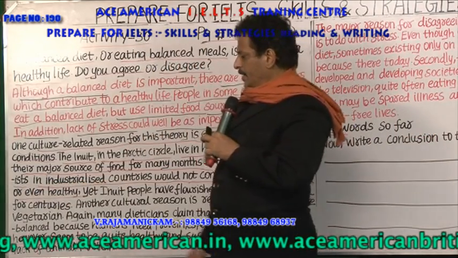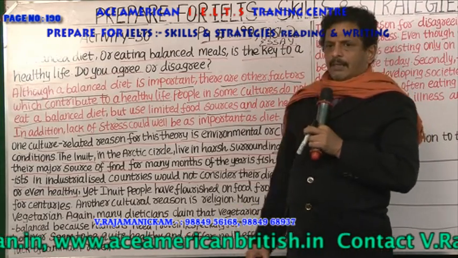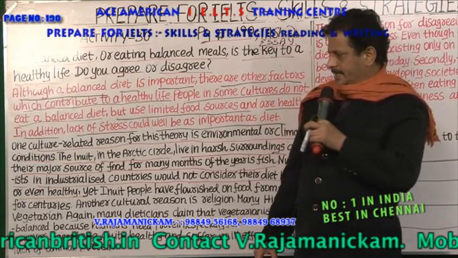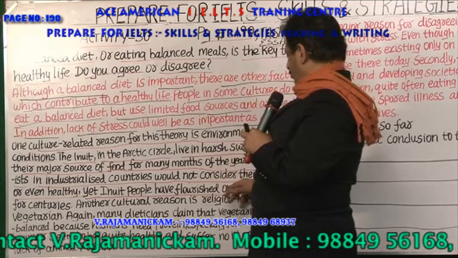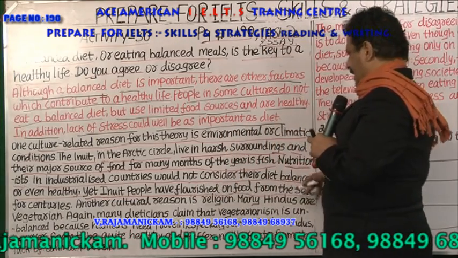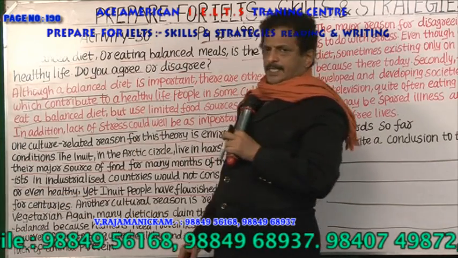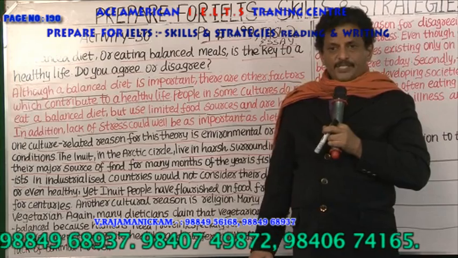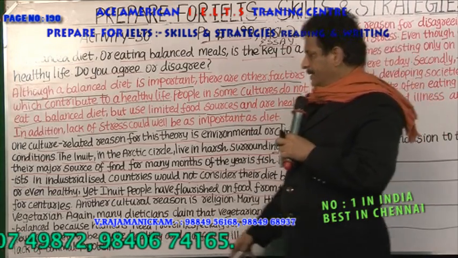The people in industrialized countries say that what they eat in the Arctic Circle, fish alone, is not a balanced diet. That's what they say. Yet, still, Inuit people have flourished on food from the sea for centuries. Centuries means what? Hundreds and hundreds of years. The Inuit people survived and they flourished. They are better in their health.